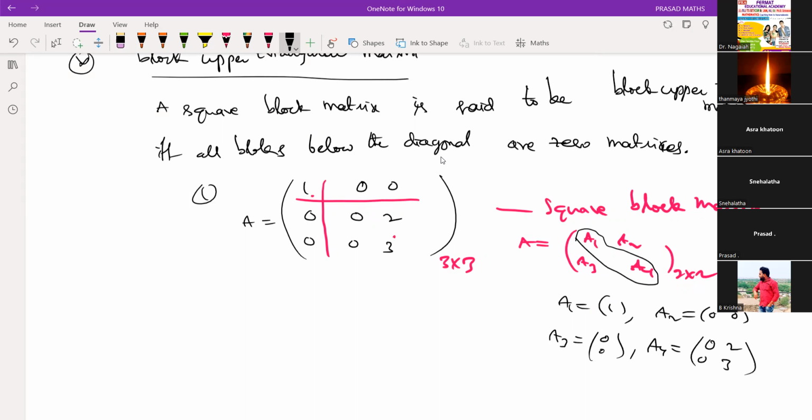Therefore all the blocks below the diagonal are zero. A3 is a zero matrix because below the diagonal is a zero matrix. Therefore A is a block upper triangular matrix.